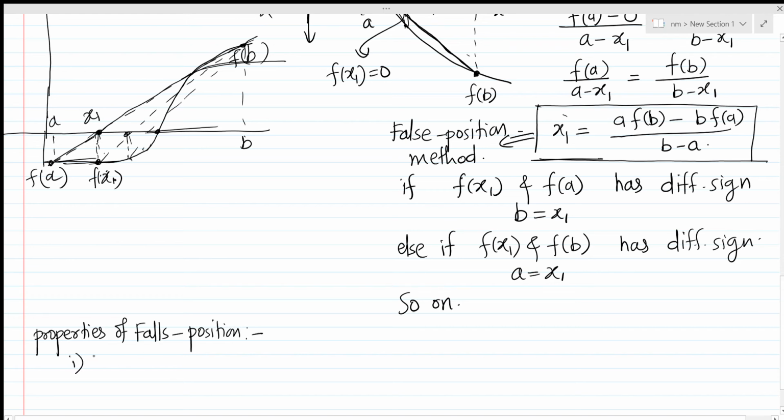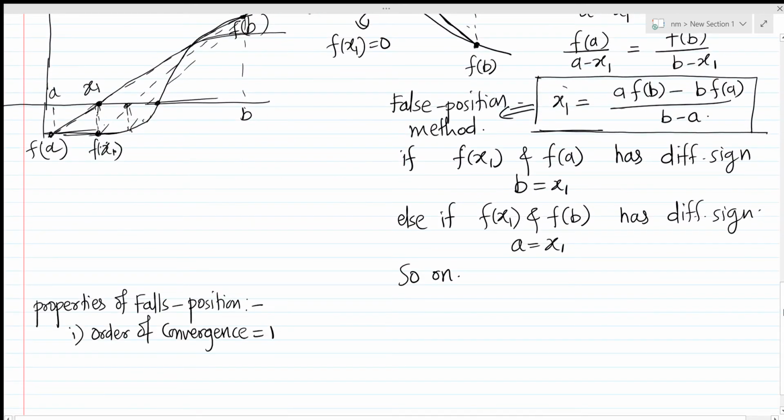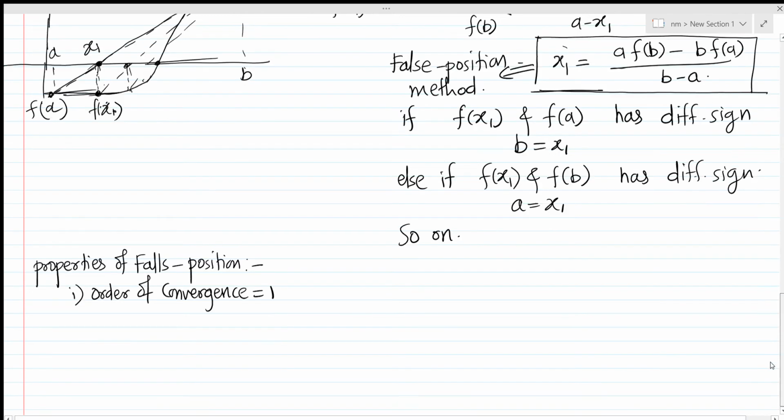The order of convergence is equal to 1. False position has the same convergence as the bisection method. Both are bracketing methods. Next we will discuss the open methods.